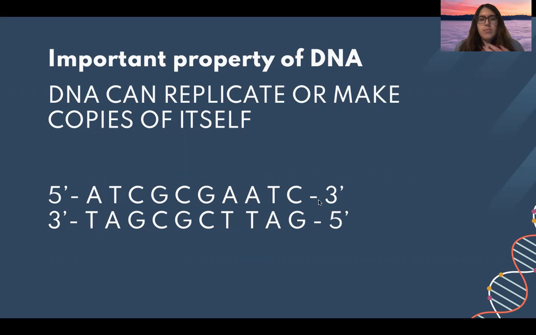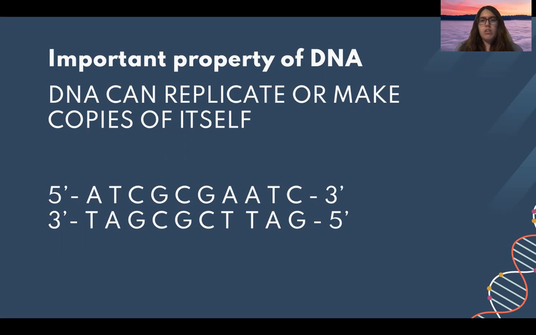So 5' to 3', and then I have my 3' to 5' here. So this is my DNA strand on paper. You'll basically see it like this. You should know how they pair up, and you should be able to recognize how it looks, at least by the end of this video.